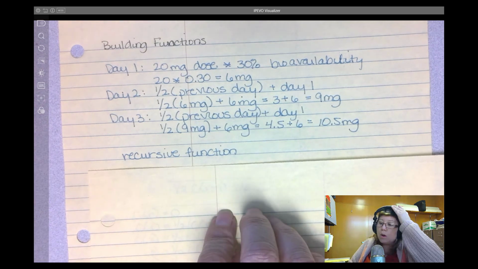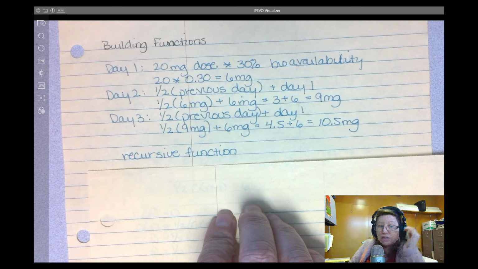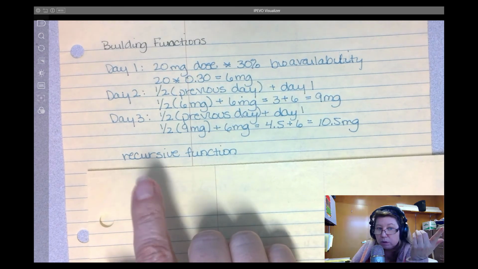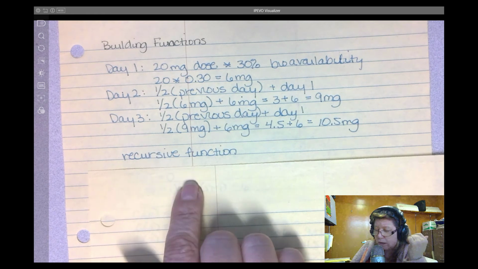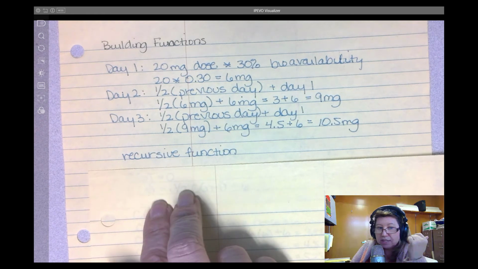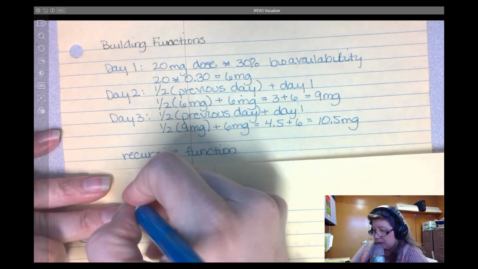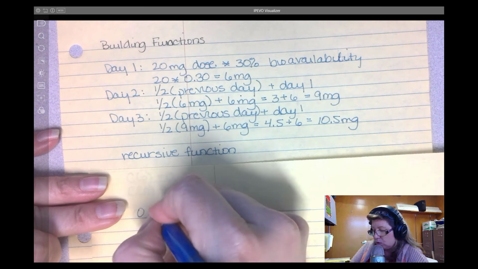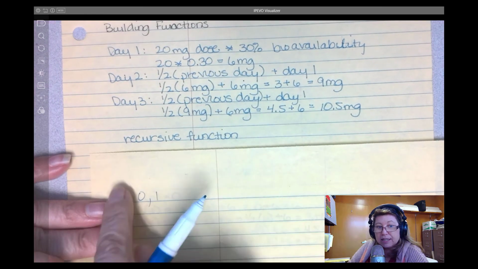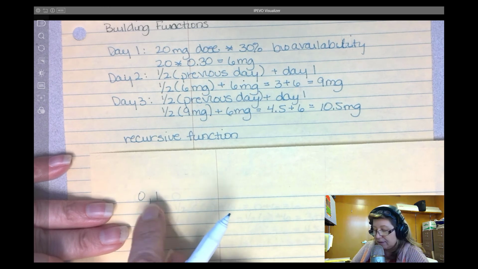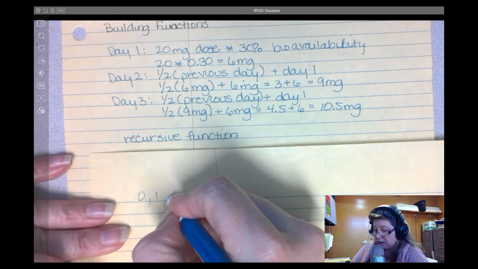One of the most famous recursive functions is Fibonacci, where you start with either 0 and 1, or 1 and 1, and you take the two previous numbers and add them together. So let's say we start with 0 and 1. To get the very next number in the sequence, we take the two previous numbers and add them together. So 0 plus 1 is 1.